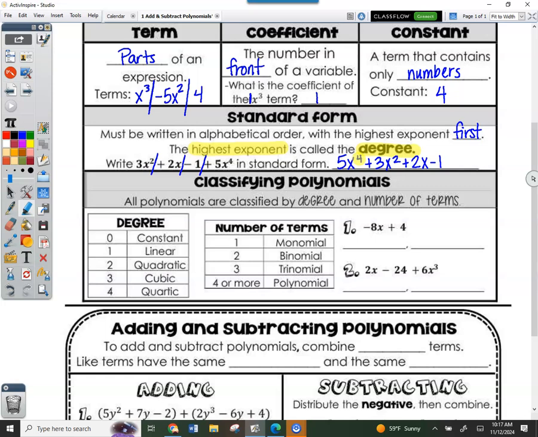You would say it's exactly 68 degrees outside. Why? Because the thermometer is all the way up to 68, no higher. So the degree of a polynomial is a lot like the temperature of the weather. What's the highest exponent of the polynomial? That's your degree. So this is degree 4.